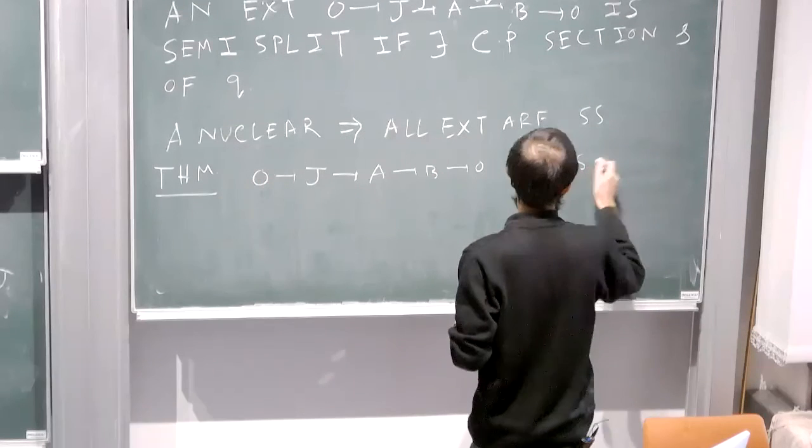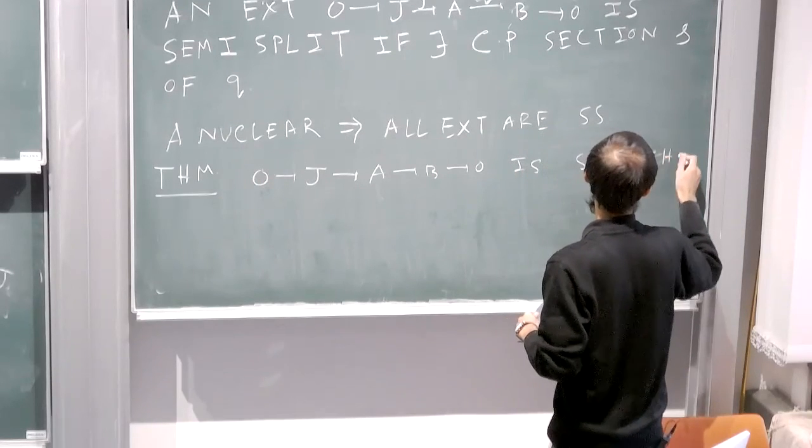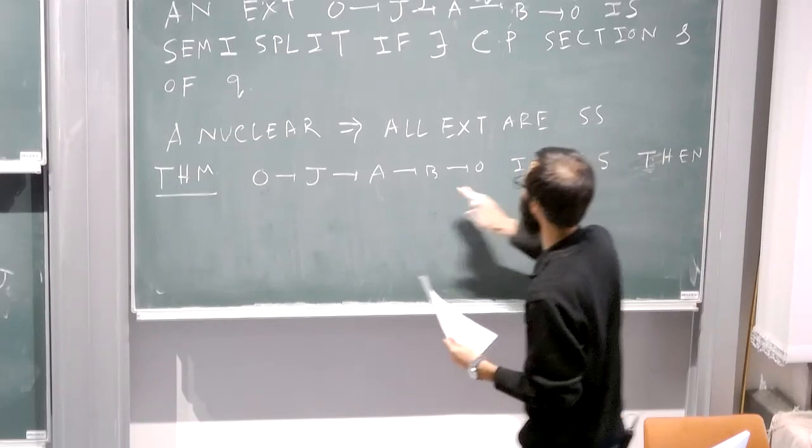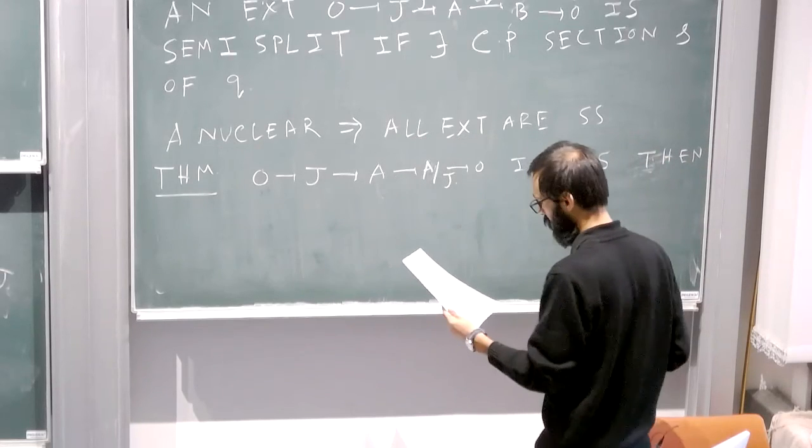The theorem: if the extension is semi-split, then I think I should write it A mod J because B will be the second variable.